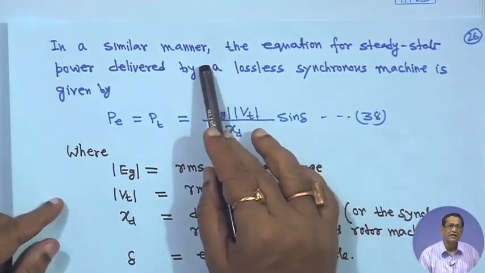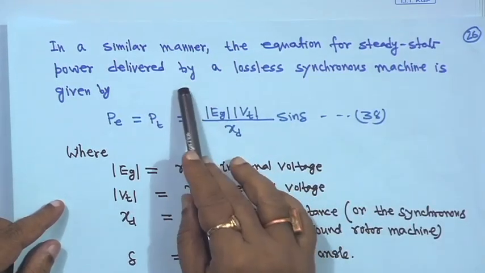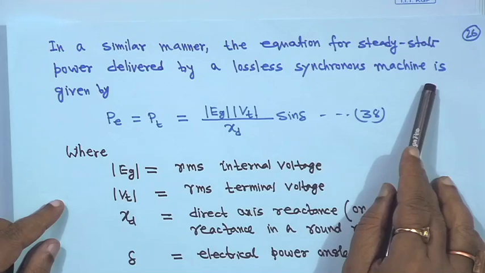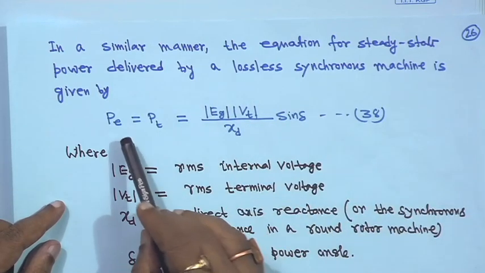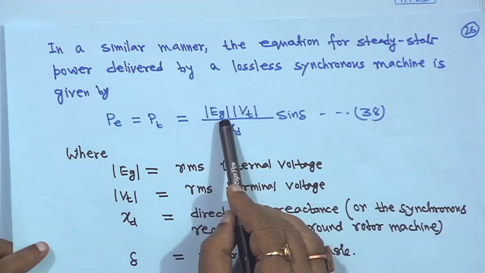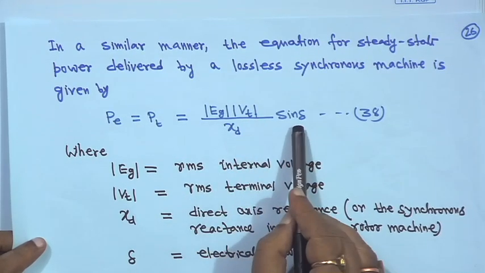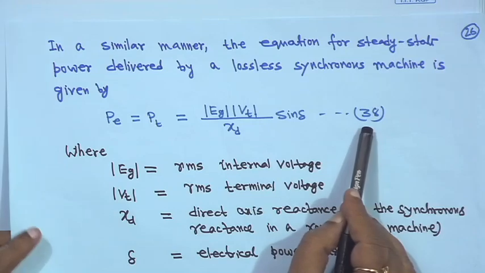In a similar manner, the equation for steady state power delivered by a lossless synchronous machine can also be given as P is equal to P t is equal to magnitude E g magnitude V t upon x d sin delta. This is equation 38.